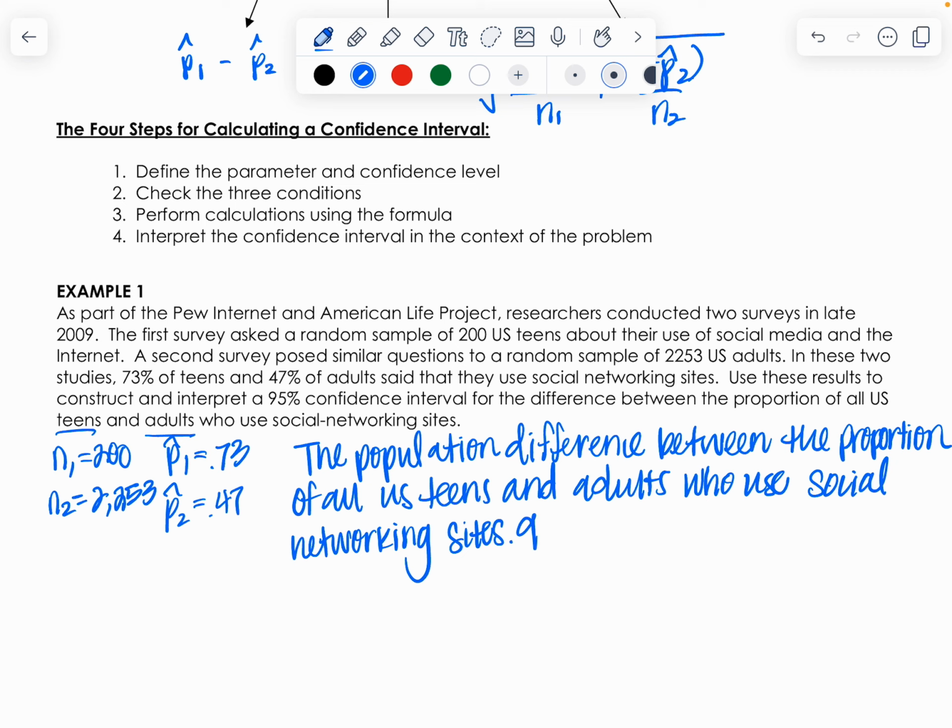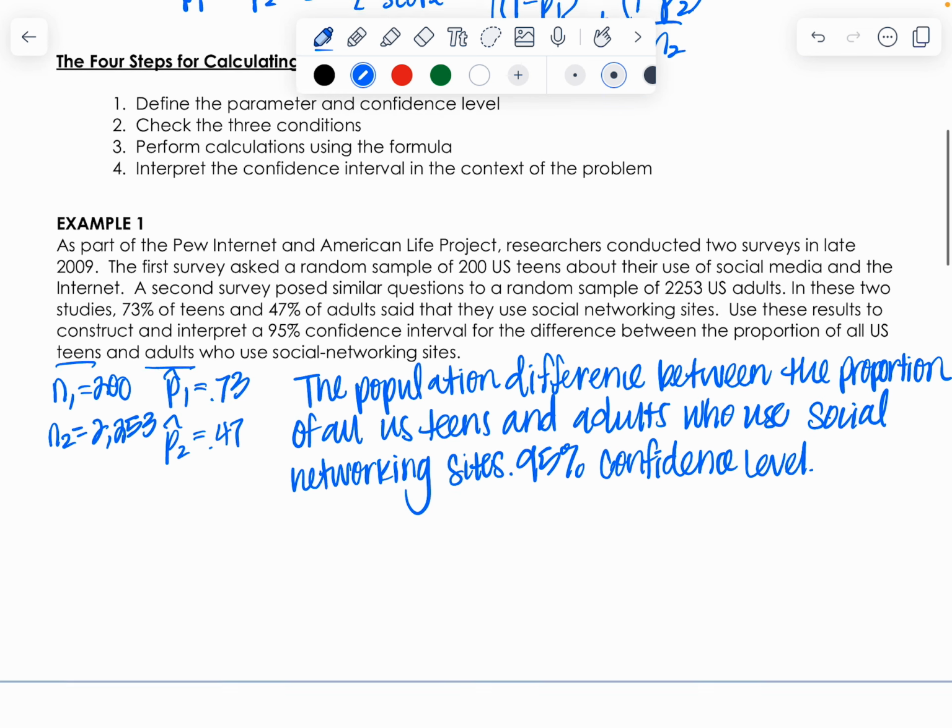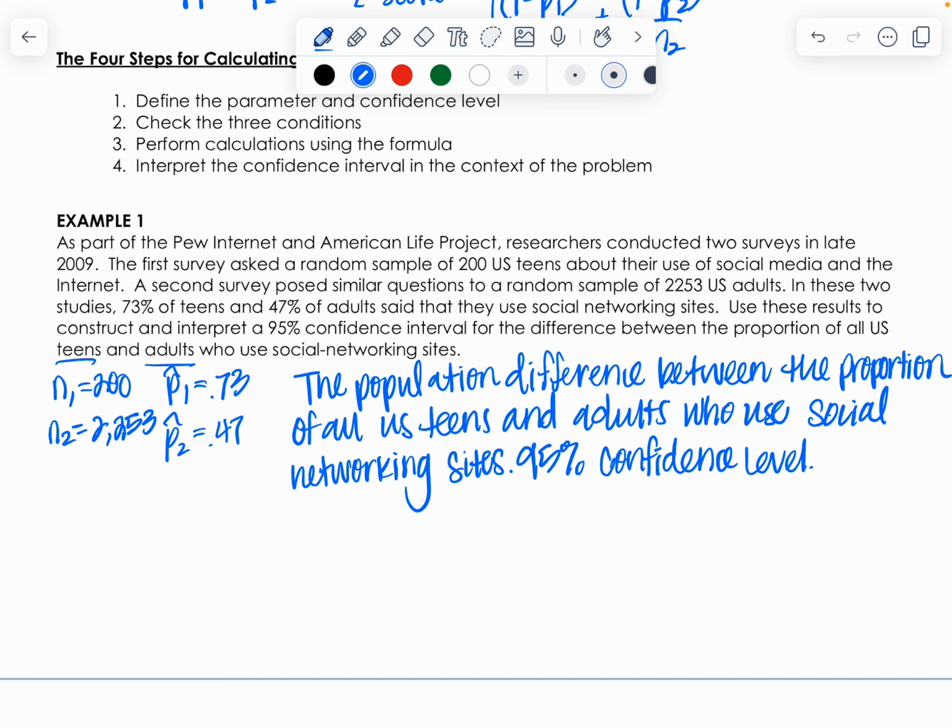And we're going to do so using a 95% confidence level. Okay, so that's step 1. Define the parameter and the confidence level.